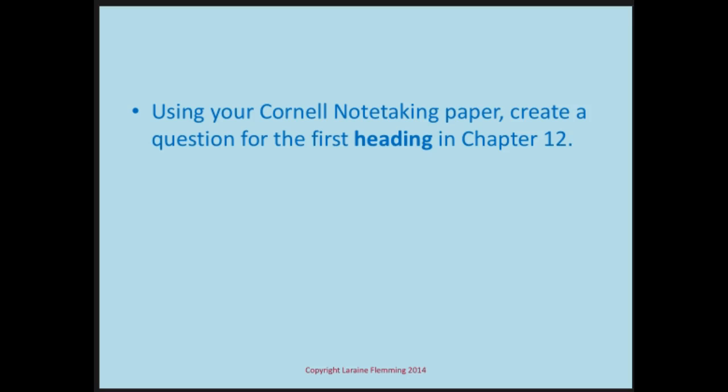The way that Cornell note-taking paper works is that you turn the headings from the chapter into questions, and then you read to find the answer to those questions.